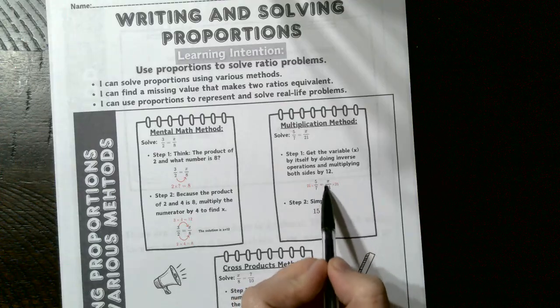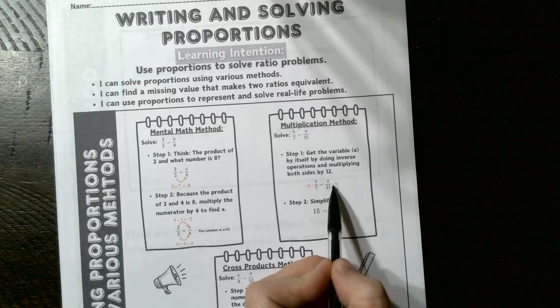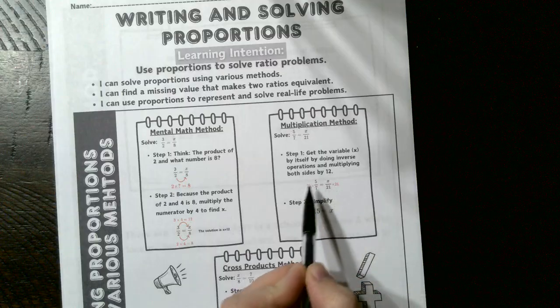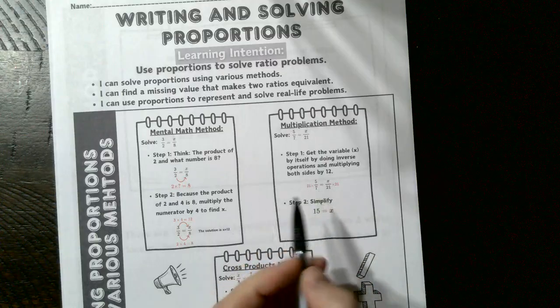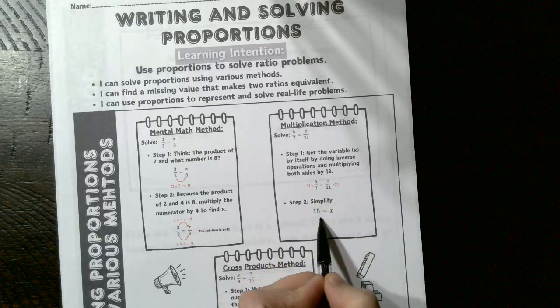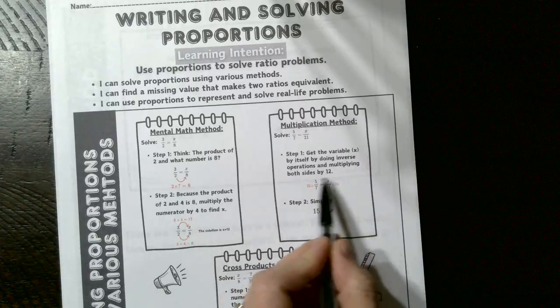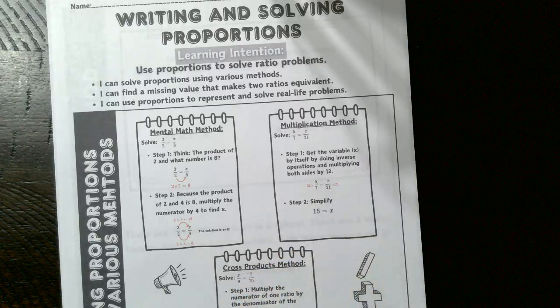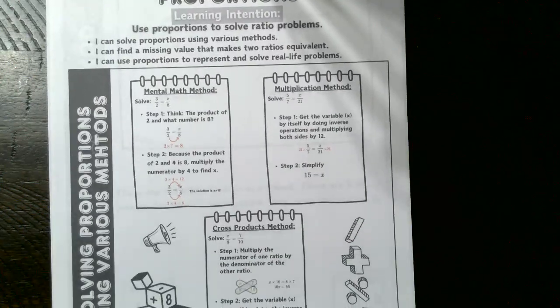I know that x is being divided by 21, so what we learned in the last unit, I'll just multiply both sides by 21 to get x by itself. And when I multiply that, I'm going to have 21 times 5, divided by 7, and I get 15. So when I simplify this down, my answer becomes 15 equals x. So that's another option of a way that you can solve this.